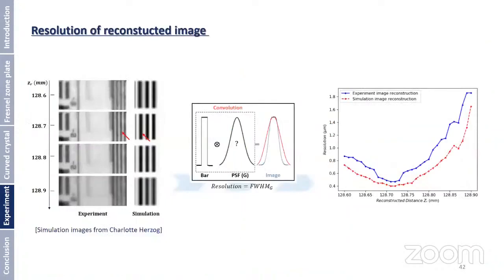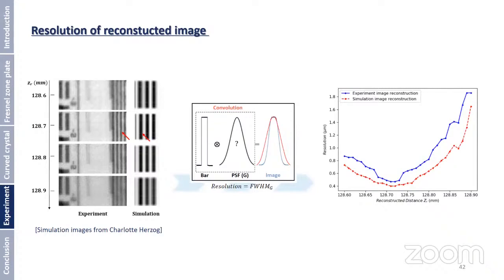And moreover, we investigate the resolution in the reconstruction images. We measured a 1 micron wide bar on the target 1, the first target, and the resolution is estimated by the PSF size in the image, approximated by the FWHM of a Gaussian function.